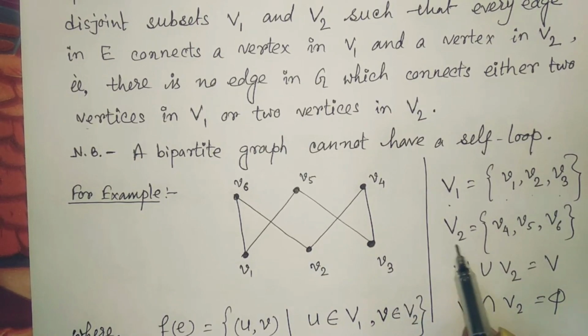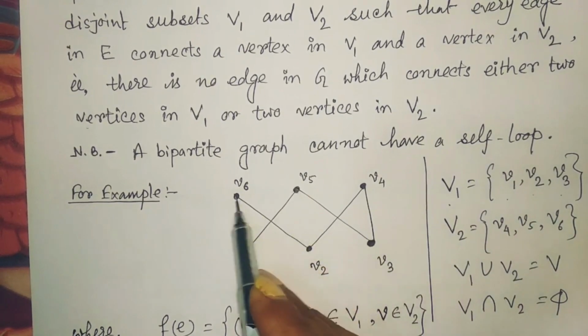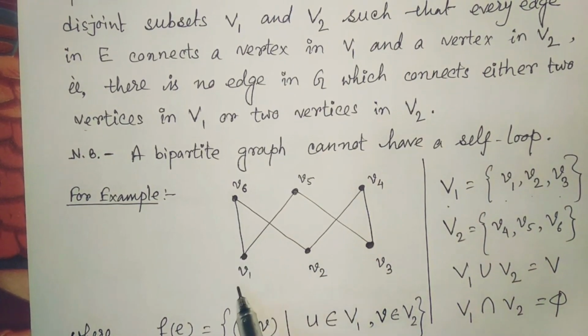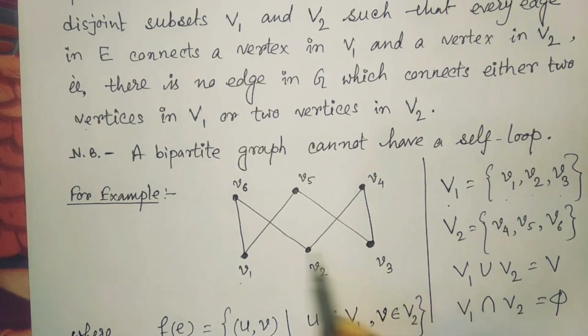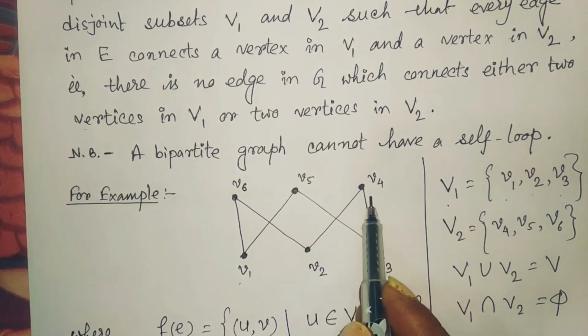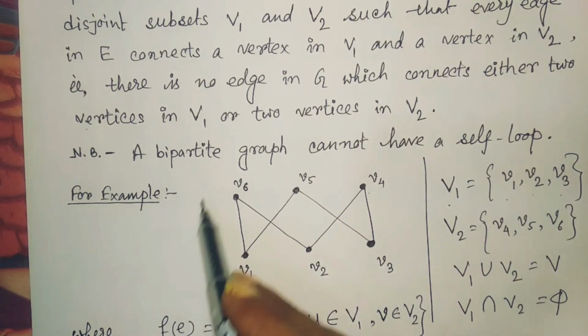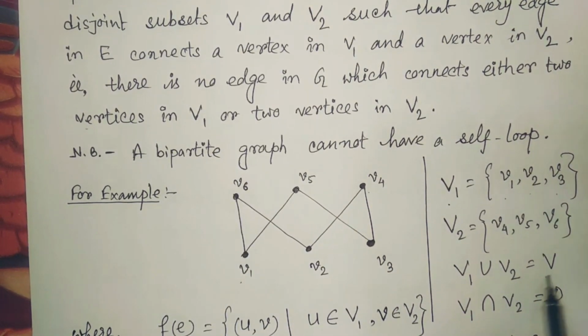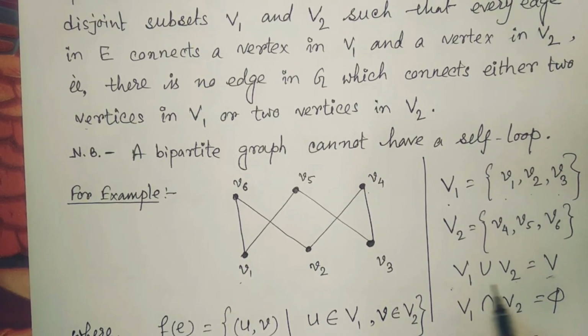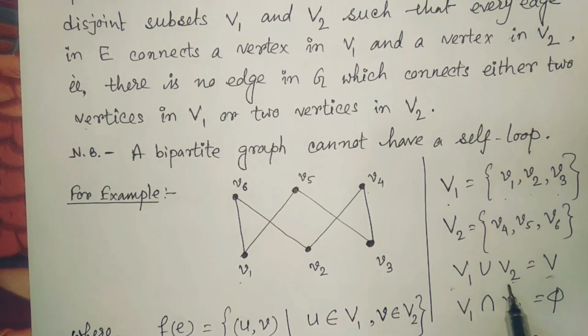Another contains v4, v5 and v6. So V1 is one set of vertices and V2 is another, in such a manner that the total 6 vertices are the union of these two vertex subsets.